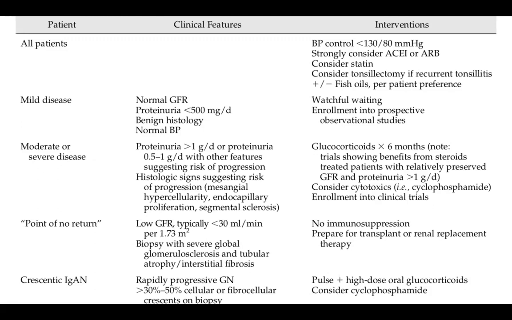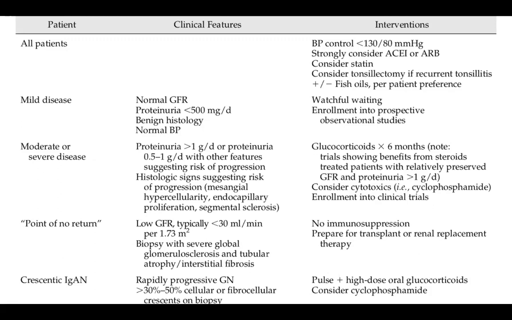I think like 20 out of 25 glomeruli were completely globally sclerosed. So even though that patient has low GFR, that's not someone that I want to give high doses of immunosuppression for, because the likelihood of turning that around and getting her back to healthy kidney function is low. So that's what we call the point of no return.